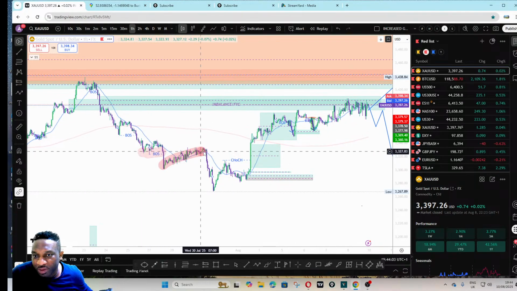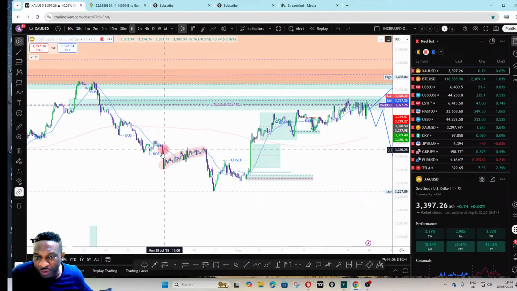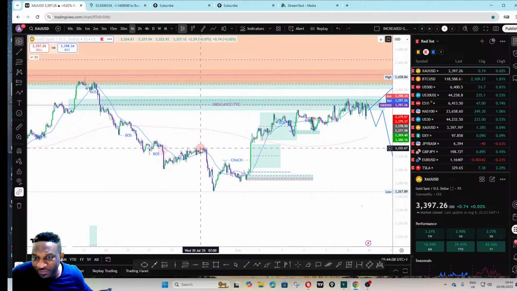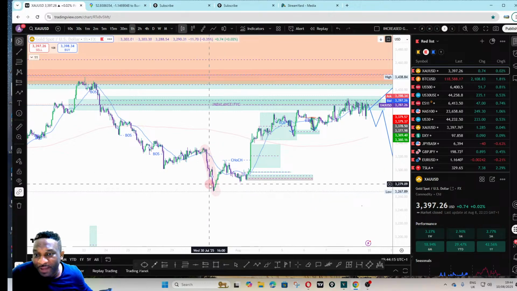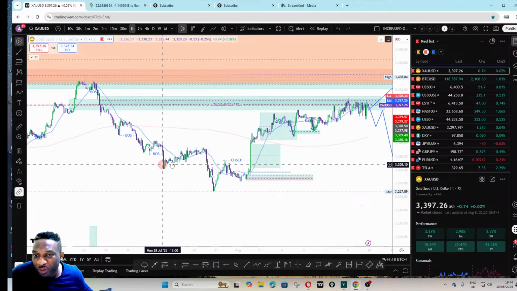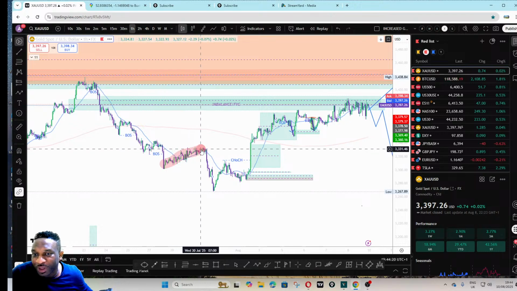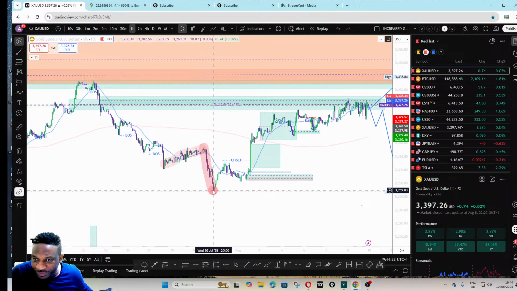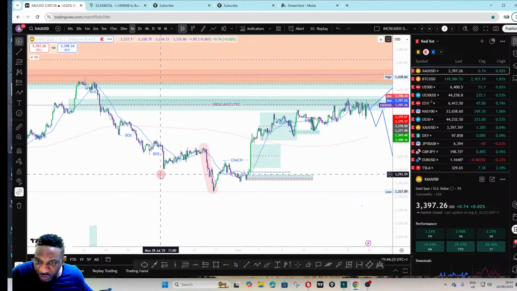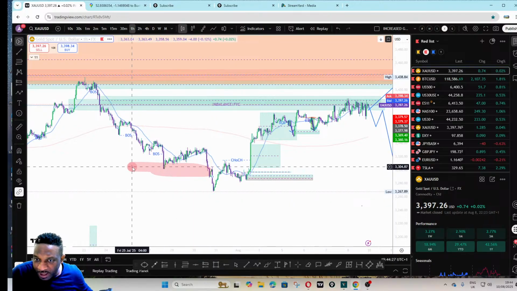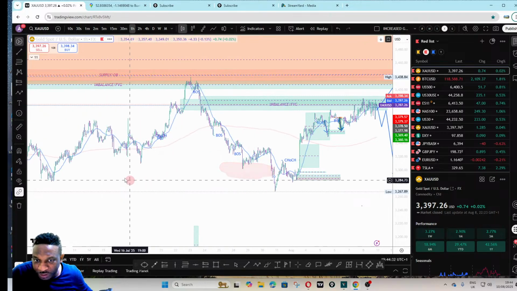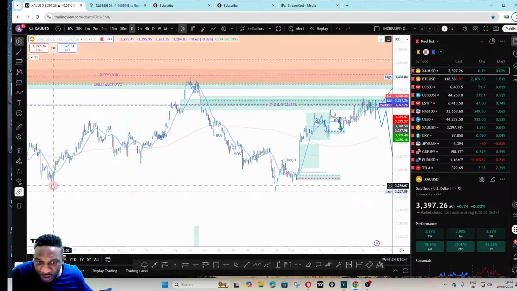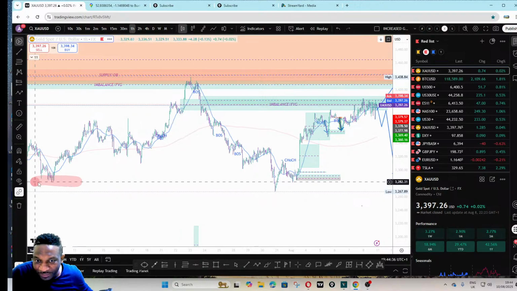So this was the correction, trading back to fill the imbalances here, and then from there they sold from here, even though the main aim was for them to buy. So this whole area was accumulation, sold from here, and then clearing out any liquidity resting here. And then if we look to the left, we can see that there was also liquidity resting here.